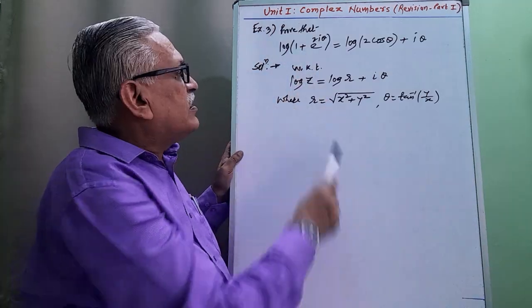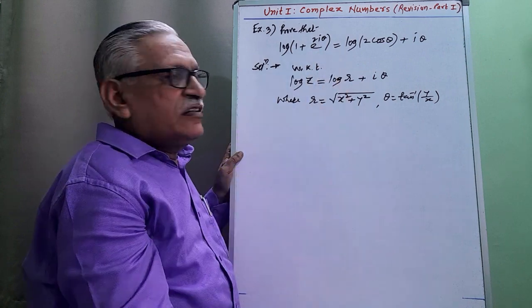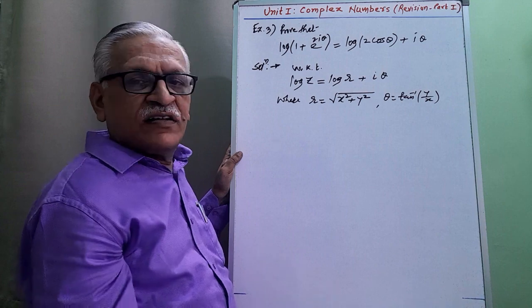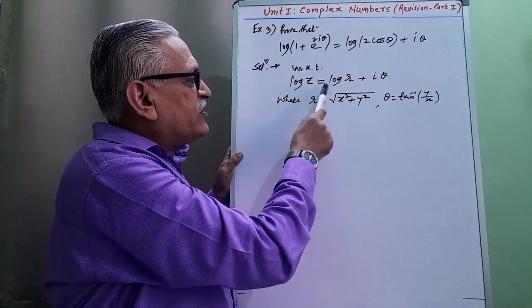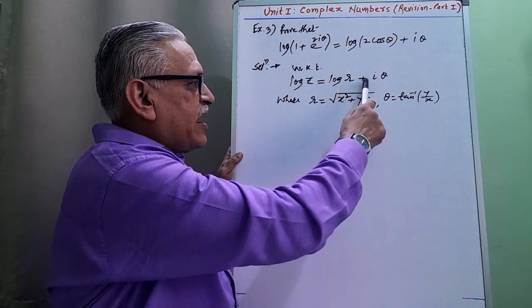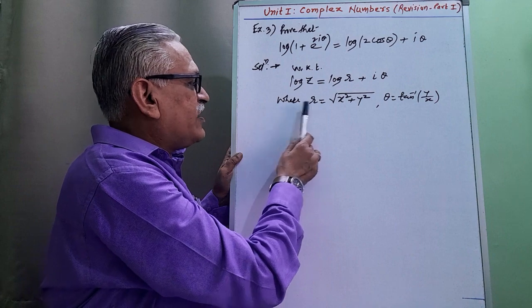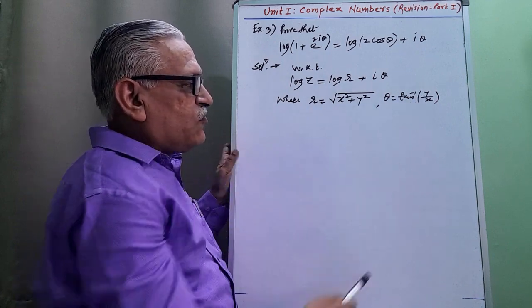Third example, prove that log of 1 plus e raised to 2iθ is equal to log of 2 cos θ plus i times θ. And to prove this, we take the help of the standard result. We know that log z is equal to log r plus i times θ, principal value of logarithm, where r is equal to root of x square plus y square and θ is tan inverse of y by x.